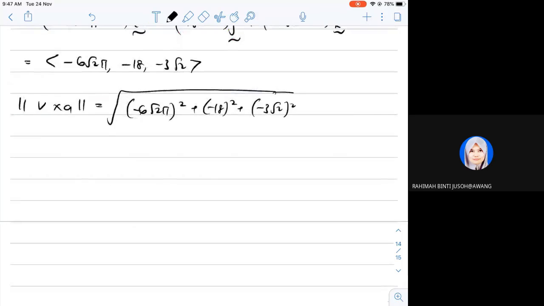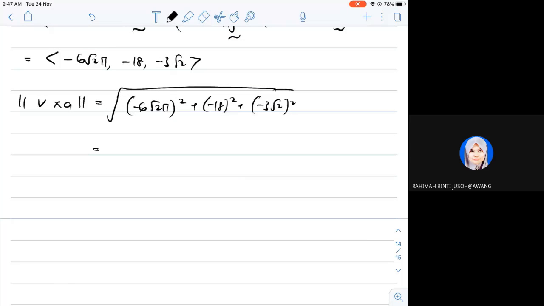Let us expand this. 36 times 2, so 72 pi squared, plus 18 squared, which is 324. Then plus 3 squared, which is 9 times 2, so 18.